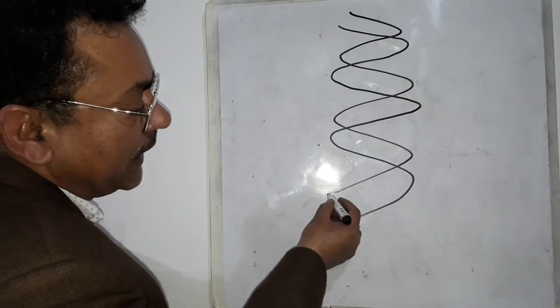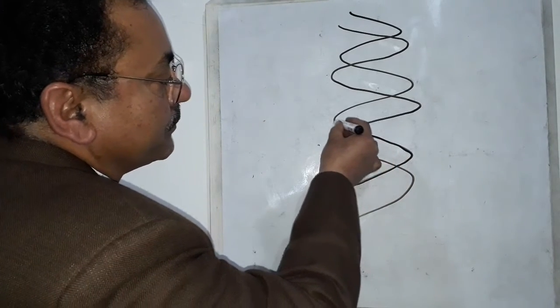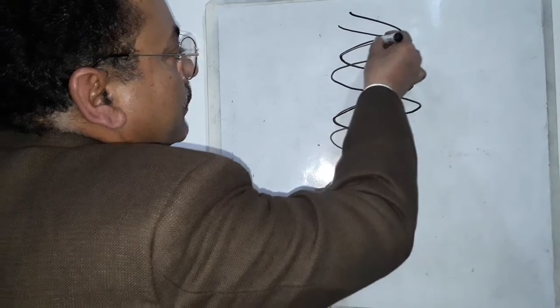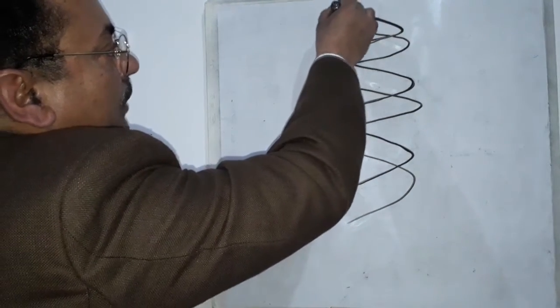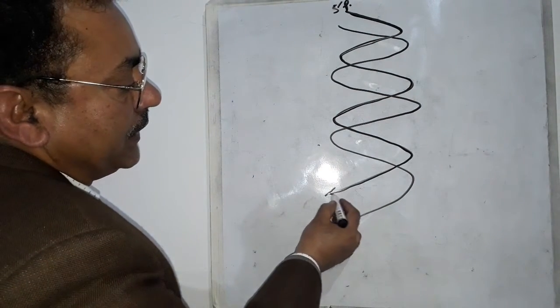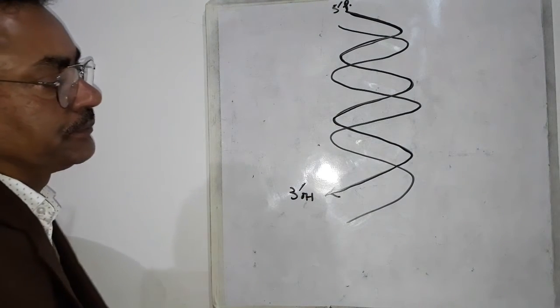Now take one strand, you will follow this one like this. This is one strand. Keep it 5-P here, and here it is 3-OH, one strand.